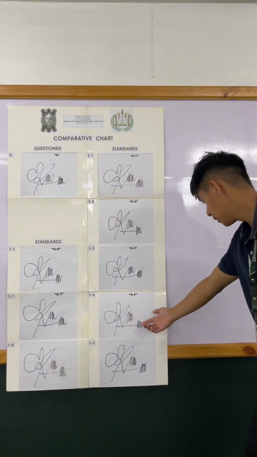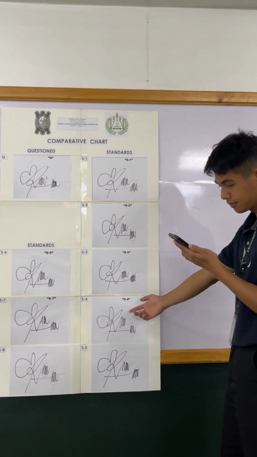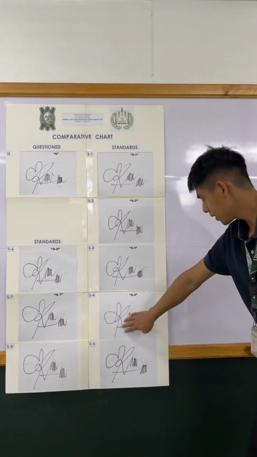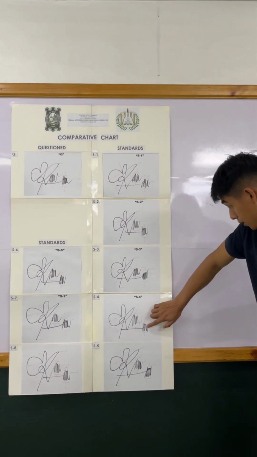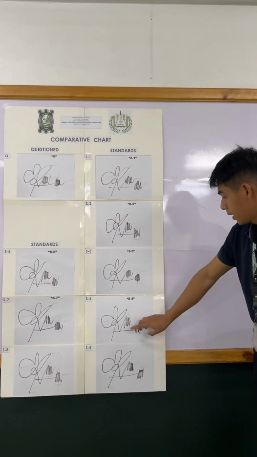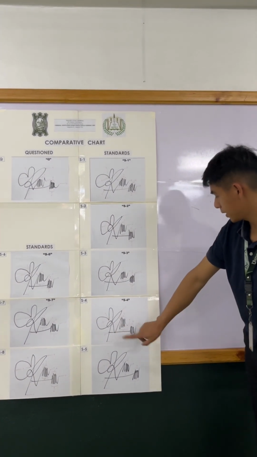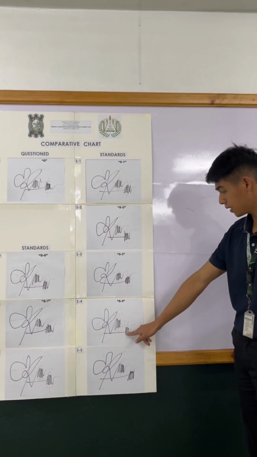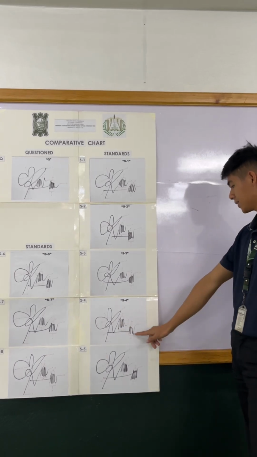The alignment is convex, and then the proportion of the signature is that the first part is big, and then the next one is small, indicating that the signature is not balanced.